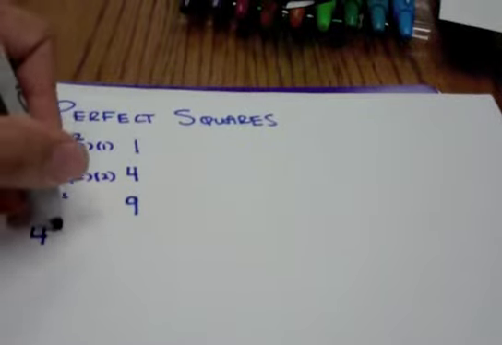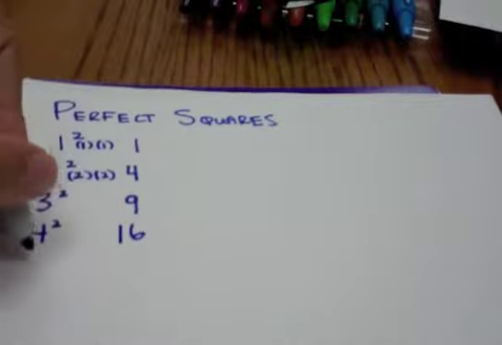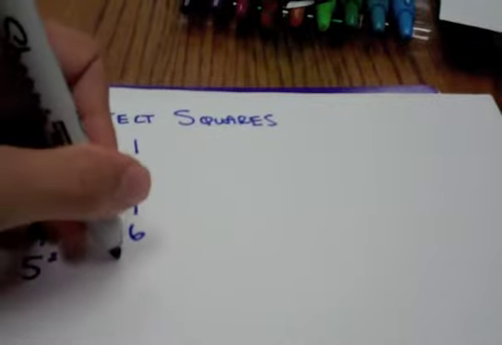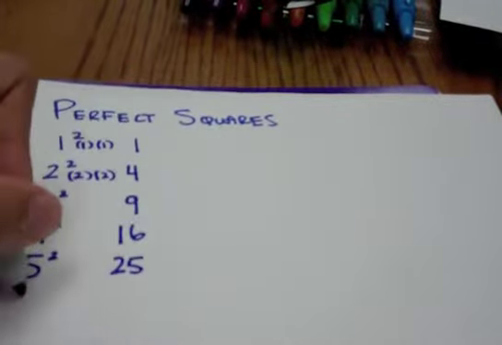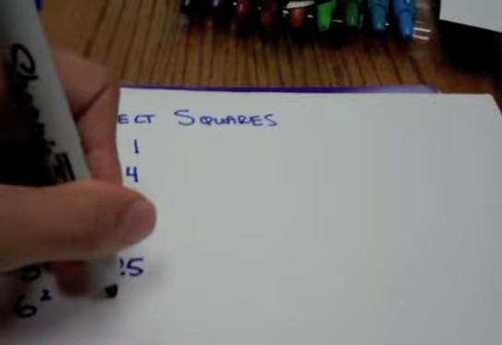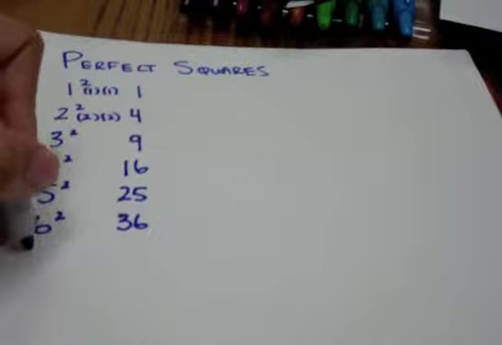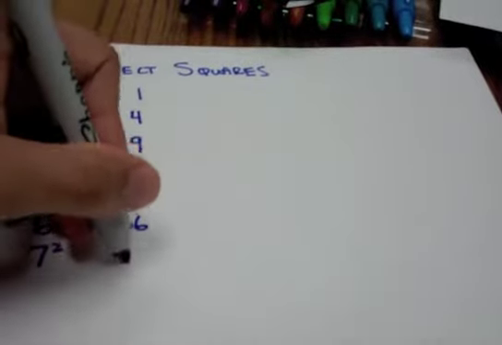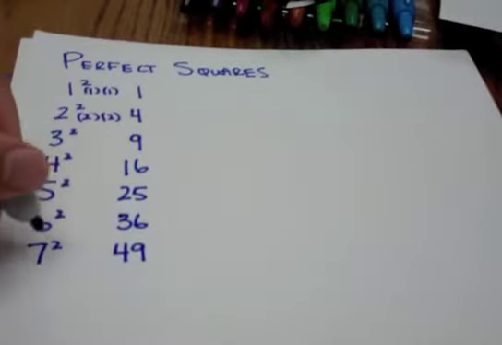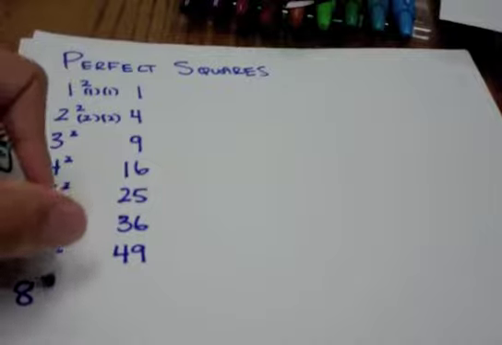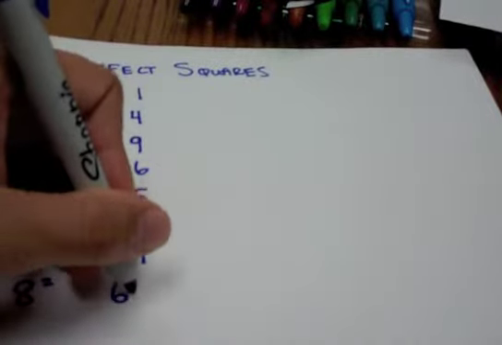4 squared is going to be 16. 5 squared is going to be 25. 6 squared is going to be 36. 7 squared is going to be 49. 8 squared is going to be 8 times 8, which is 64.